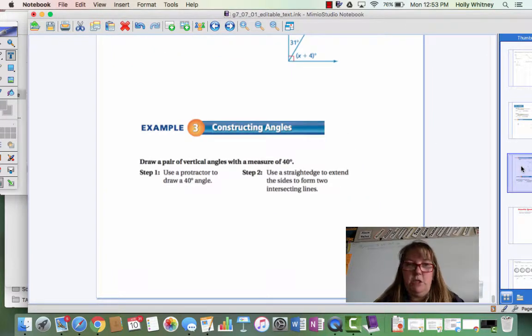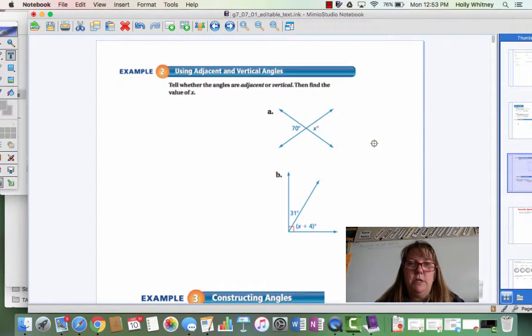Our next page is using adjacent and vertical angles. You're going to tell whether the angles are adjacent or vertical. So the angle that has the measurement of 70 degrees and the angle that has a measurement of X degrees, are these adjacent or vertical? Well, they don't have a ray in common. They have a vertex in common, but they don't have a ray in common.